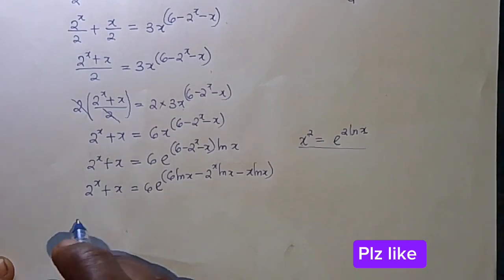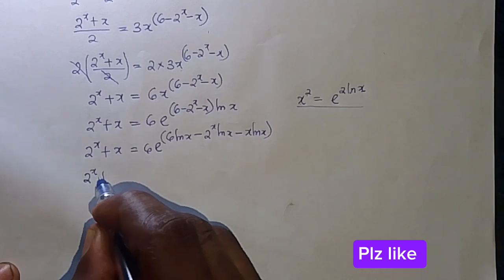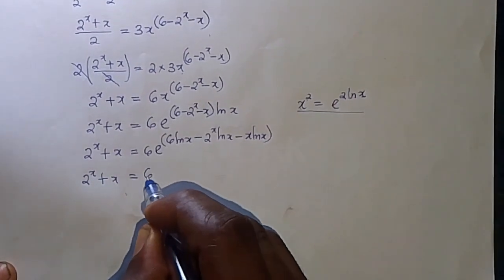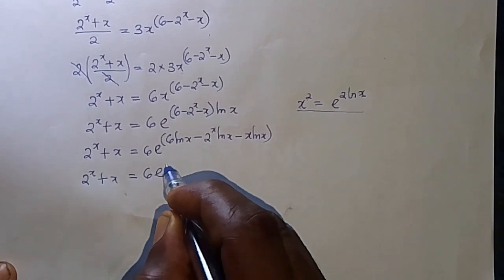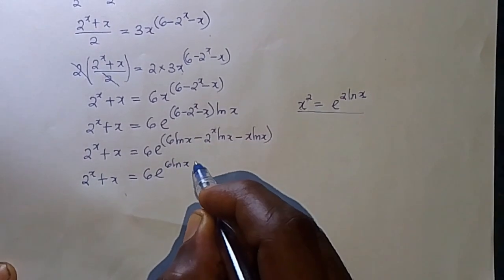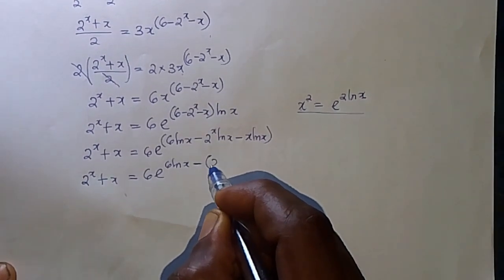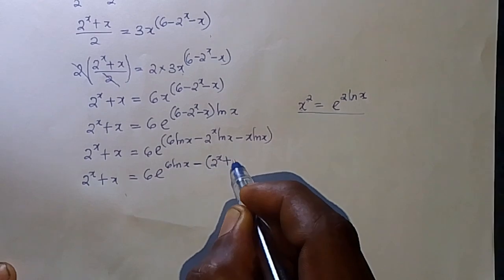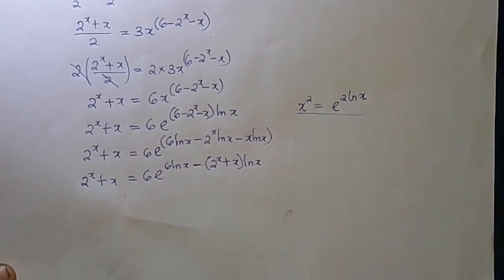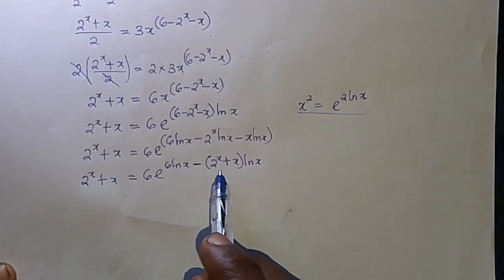That is, we are now having 2 to the power of x plus x, that this equals 6 multiplied by e to the power of 6 ln x minus, we bring out the bracket, 2 to the power of x plus x multiplied by ln x.